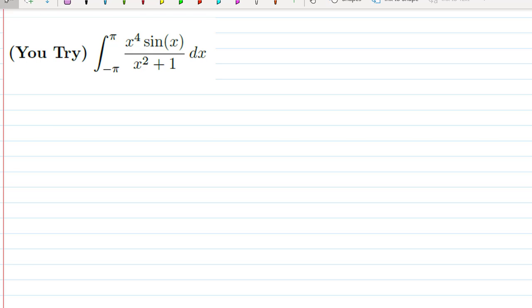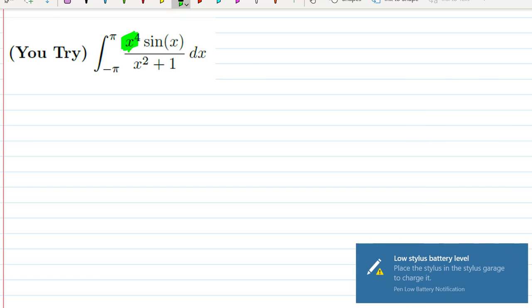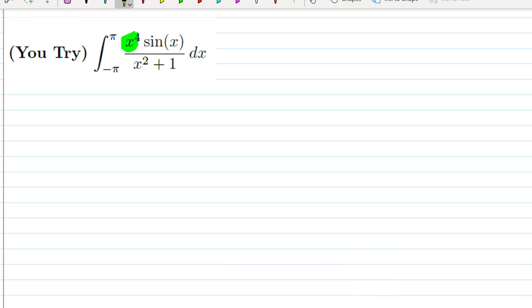All right, so for this last try, we just need to do a little bit of analysis. So x to the fourth is even, and sine x is odd, and then we have that divided by x squared plus 1 is going to be an even.